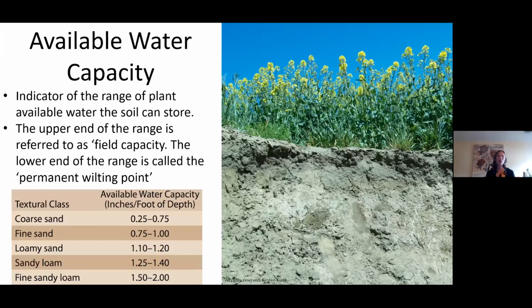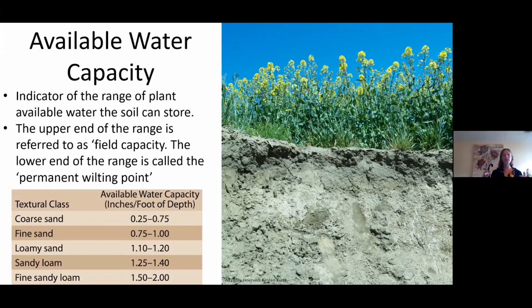We also measure available water capacity in our lab. So this test has been around for a really long time. And we look at two specific points, which is field capacity and permanent wilting point. So field capacity is basically when your soil is completely saturated with water, but it's not free flowing due to gravity underground.